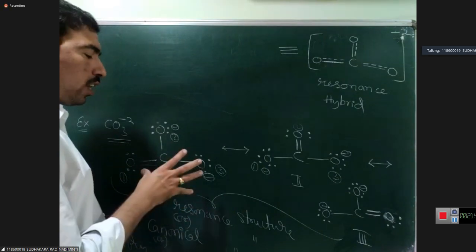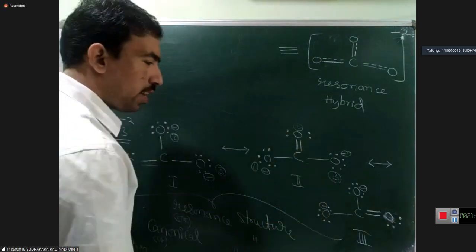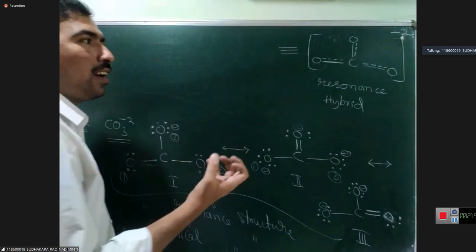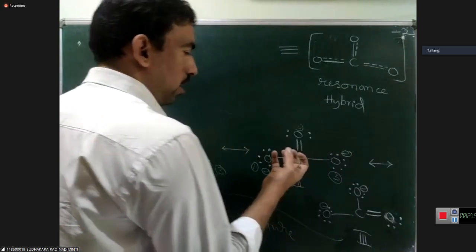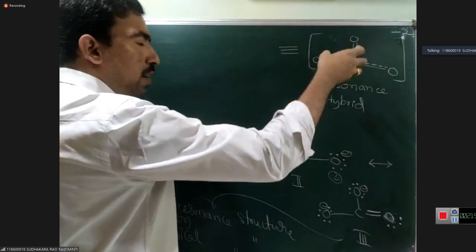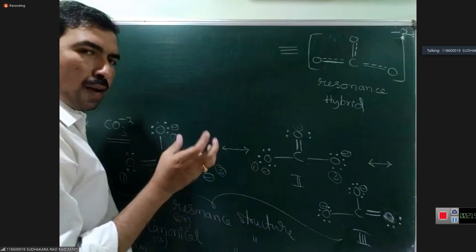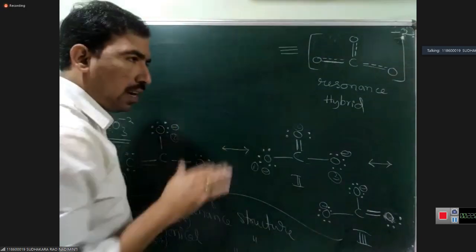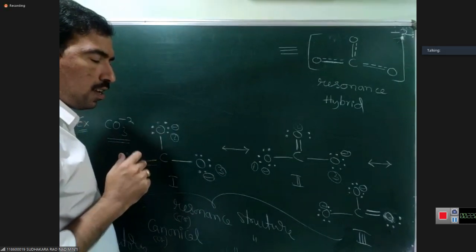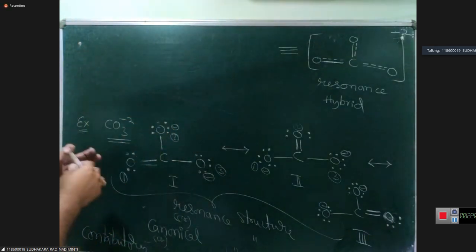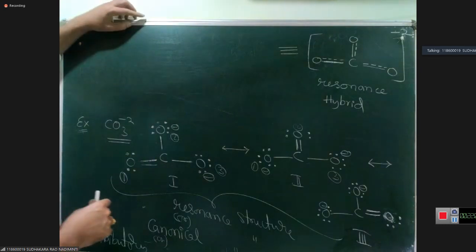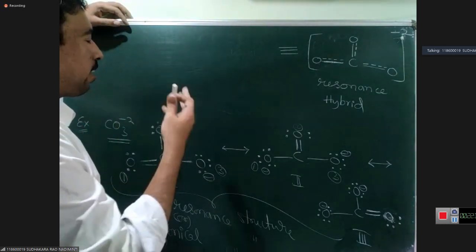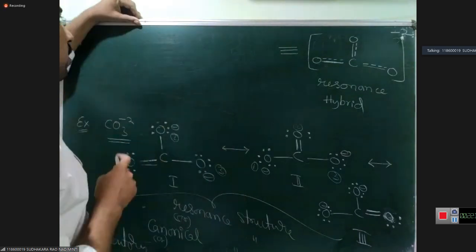Whichever resonance structure among all those written is more stable, its characteristics will be represented more in the hybrid structure. The less stable structure's contribution in the hybrid structure will be less. So in a general way, how to explain this?